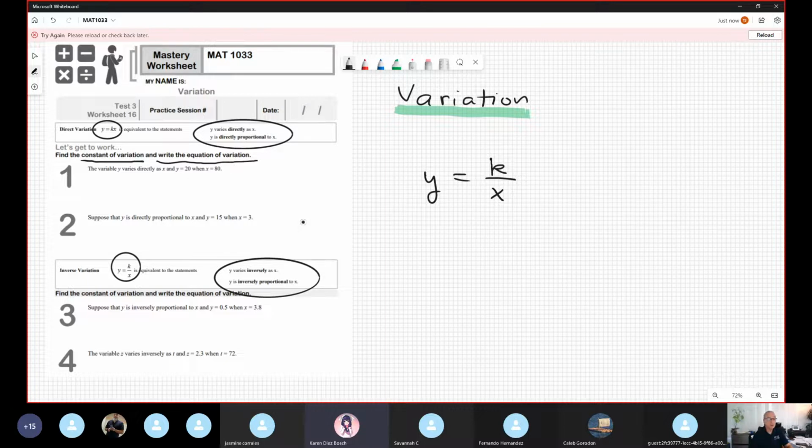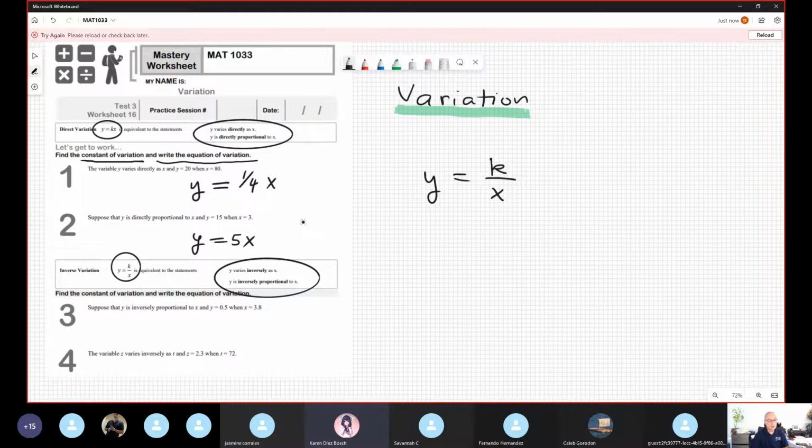Y equals, the constant is 1 over 4, so y equals 1 over 4 x. And the equation of variation in the second one, the constant was 5, so y equals 5x. And here I have no idea.